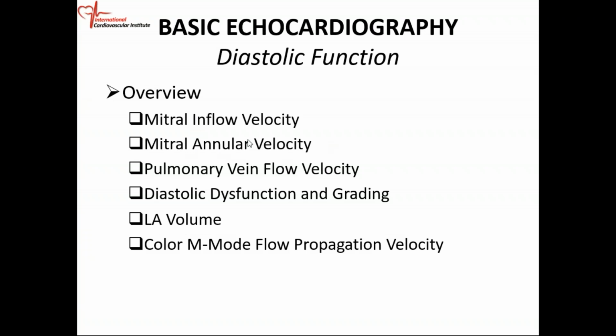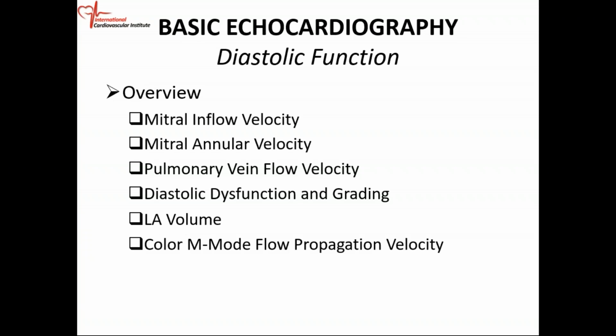The mitral annular velocity is also very important because remember what we said. In systole, the base of the heart moves up towards the apex, and we can look at how much the base moves up. We talk about MAPSE, mitral annular systolic plane excursion, if we're looking at systolic function.